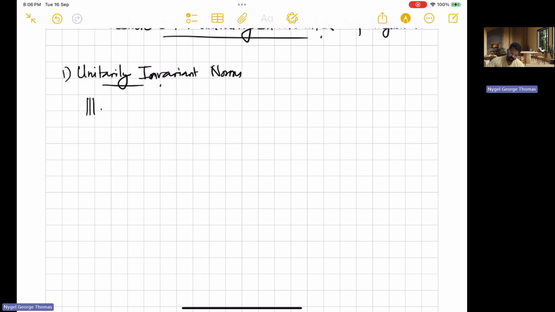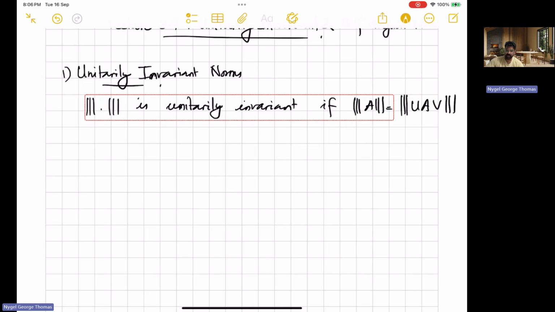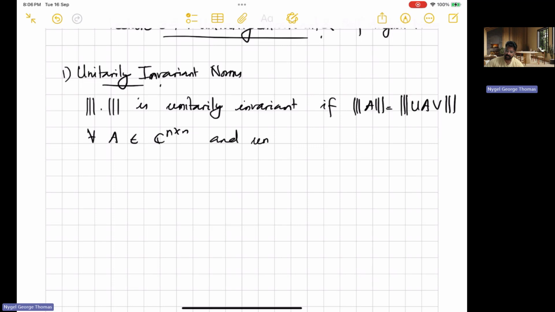So a norm is unitarily invariant if the matrix norm of A is the same as the matrix norm of UAV, for all A belonging to C^(n×n) and unitary matrices U and V belonging to C^(n×n). The U and V are unitary matrices.